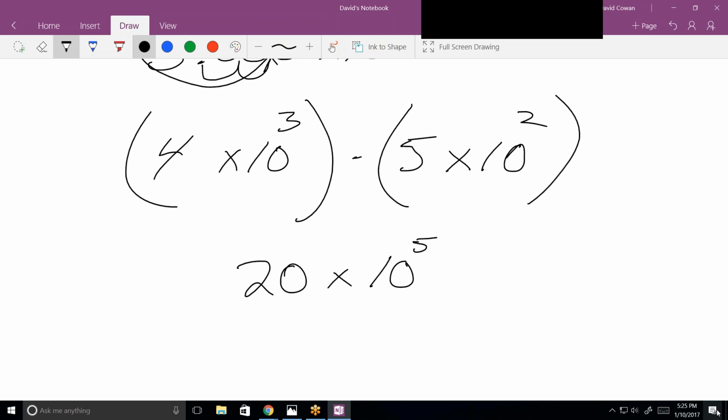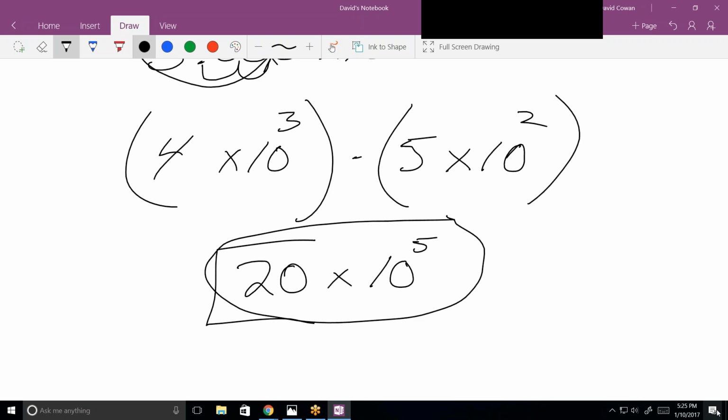However, even though that is the correct answer, it is not in correct scientific notation. Correct scientific notation dictates that this number right here has to be between 1 and 10. So I got to turn it into a 2.0.